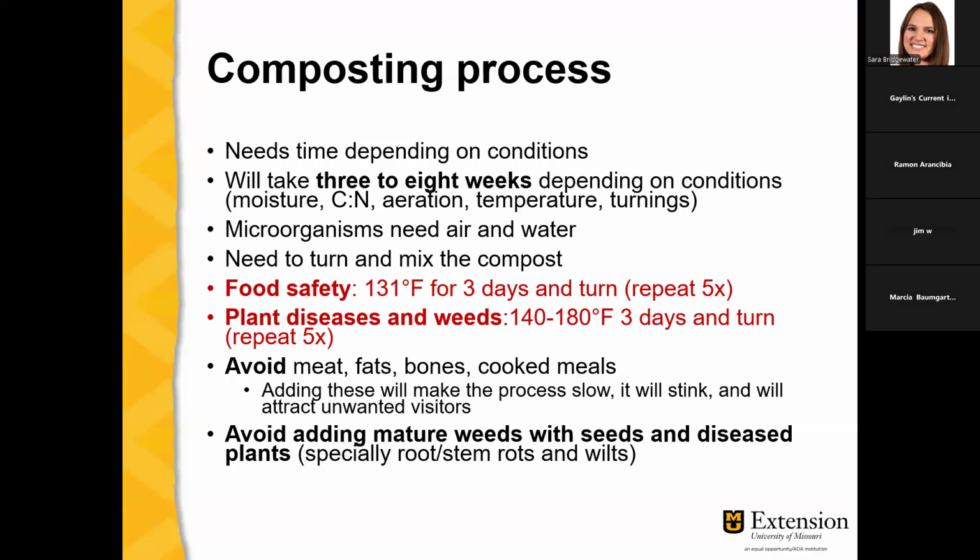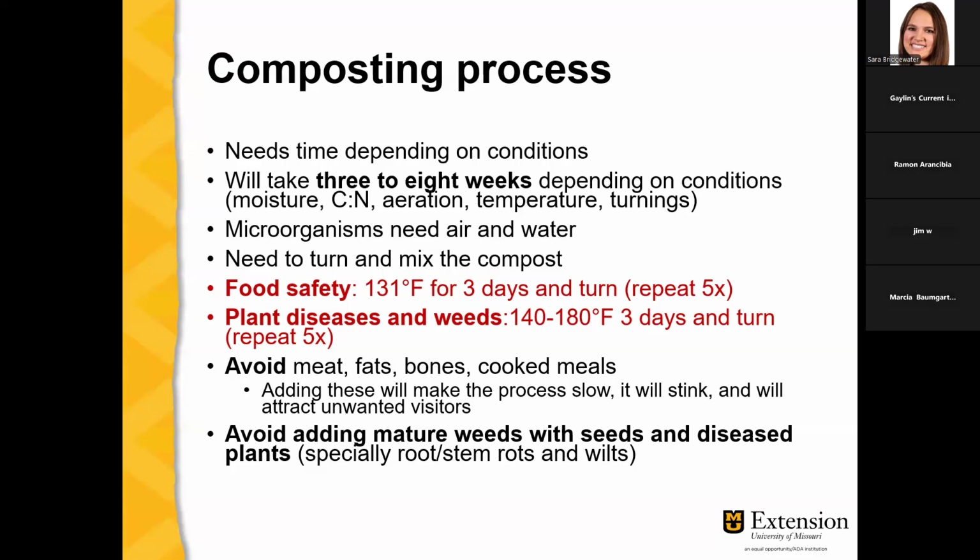Mix the compost, but mainly look into putting the outside layers into the center of the pile. You do this turning 3 or 4 times during the composting process.